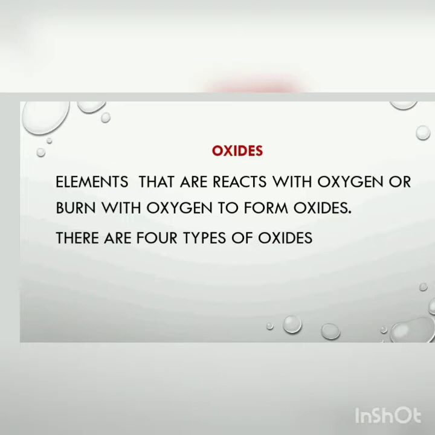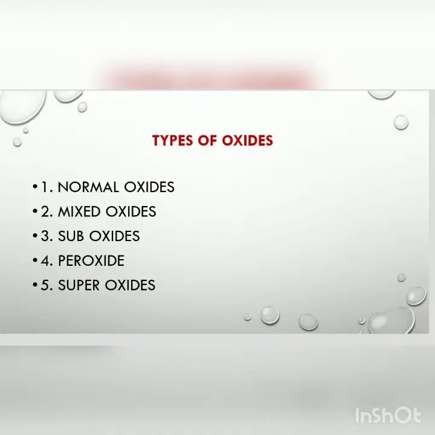Oxide itself is the dianion of oxygen, the O minus 2 ion. So metal oxides thus typically contain an anion of oxygen in the oxidation state of minus 2. Right. Next is types of oxides.